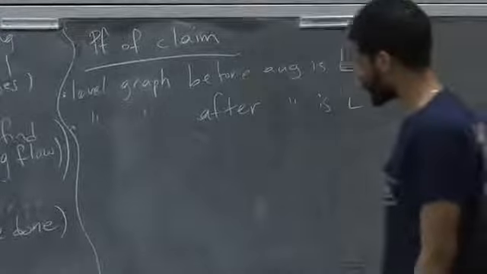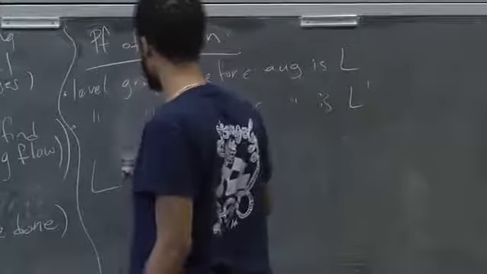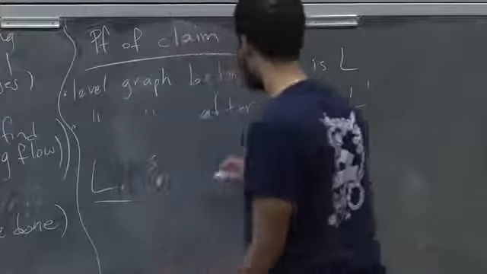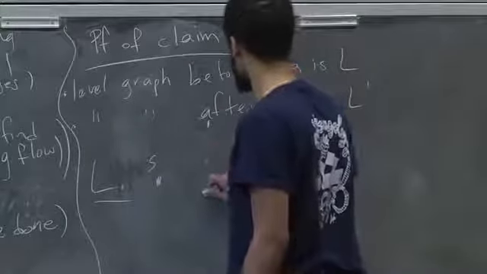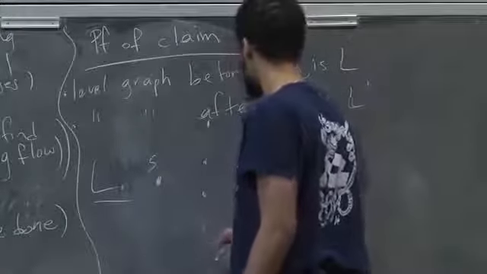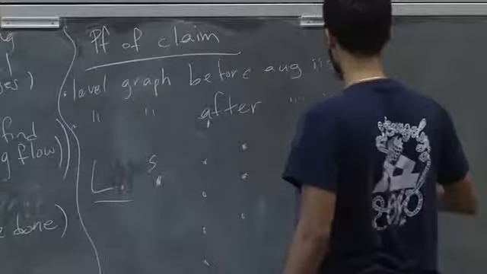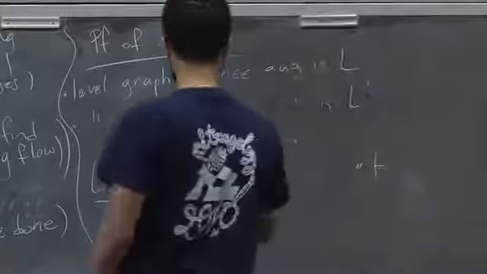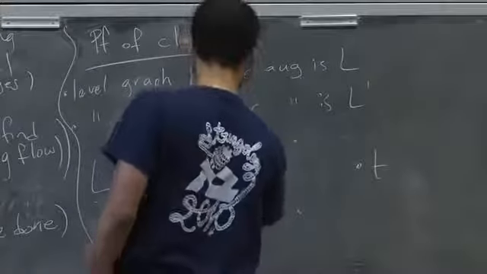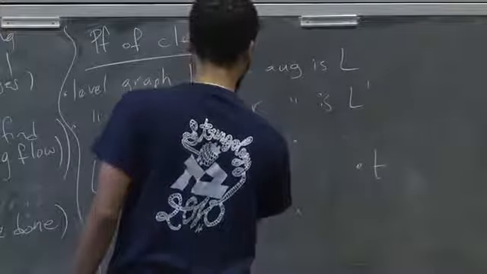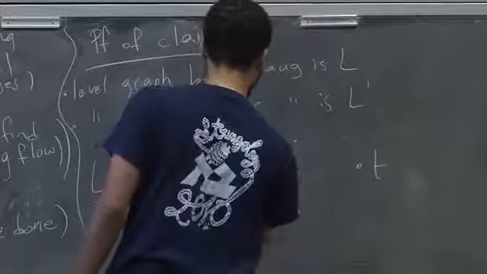So what does L look like? Well, here's S. You can organize it by the distance from S. There are some vertices at distance 1, some at distance 2, and there's T over here. There are some edges, and there are only edges between adjacent layers.